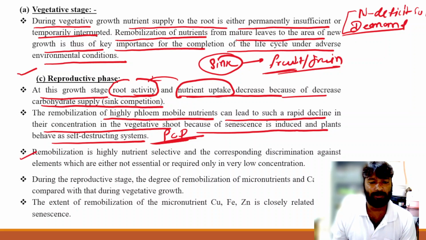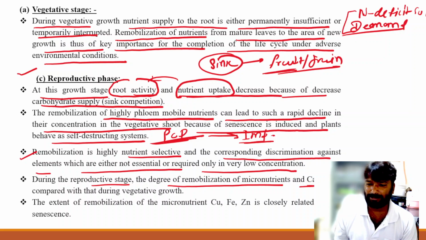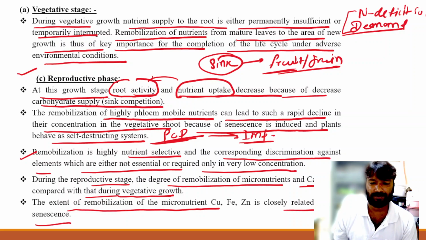Okay, so remobilization is highly nutrient selective, with discrimination against elements which are either not essential or required only in very low concentration, meaning they can transfer only the important macro or micro nutrients. During the reproductive stage, the degree of remobilization of micronutrients and calcium is high compared to that during vegetative growth, and the extent of remobilization of micronutrients is closely related to leaf senescence.